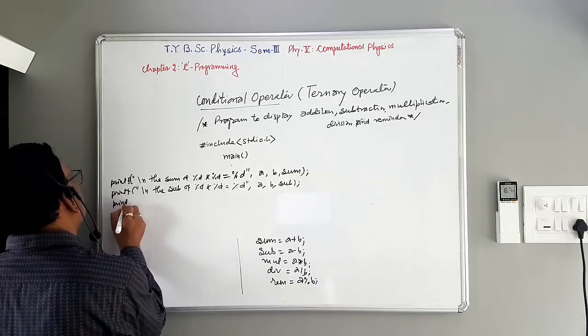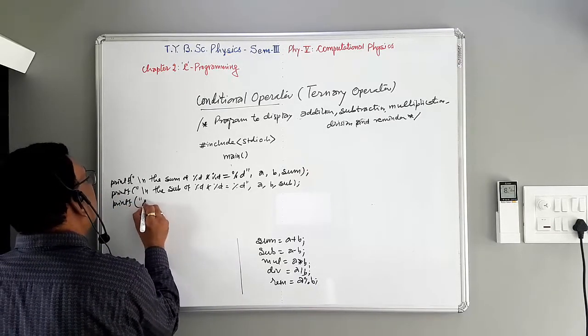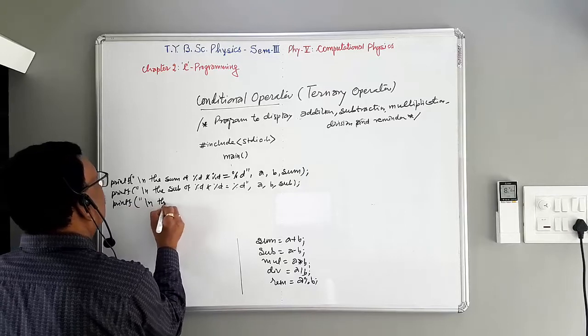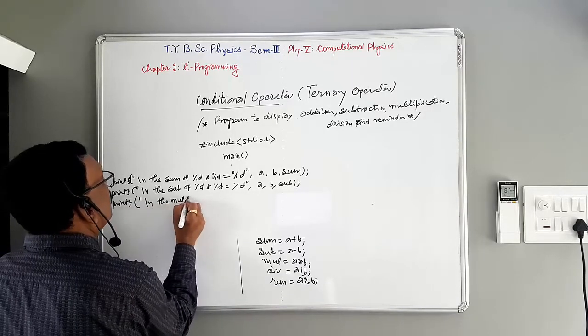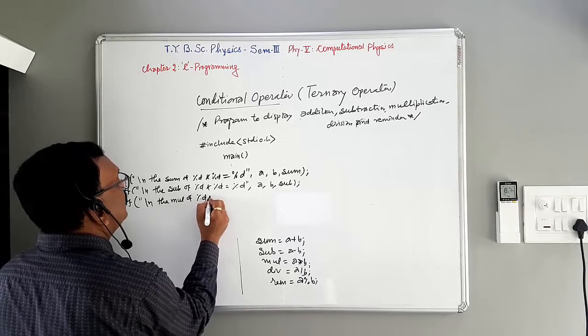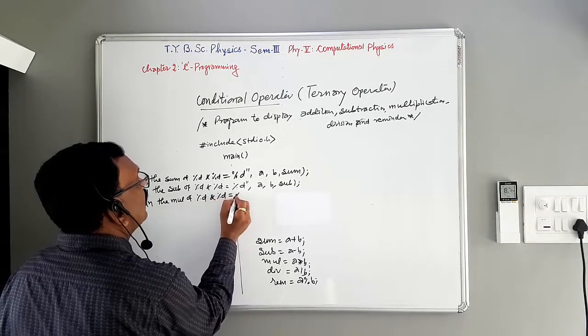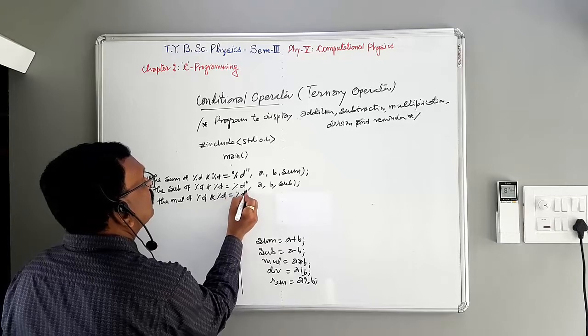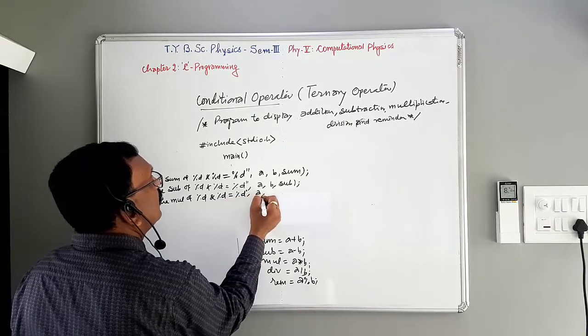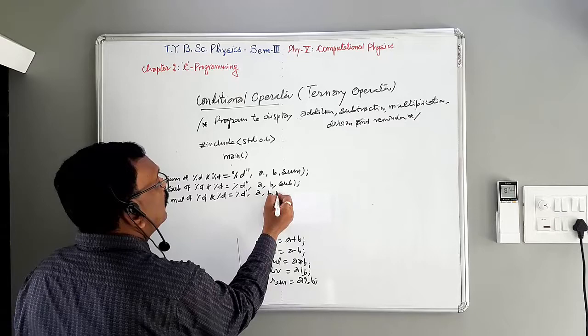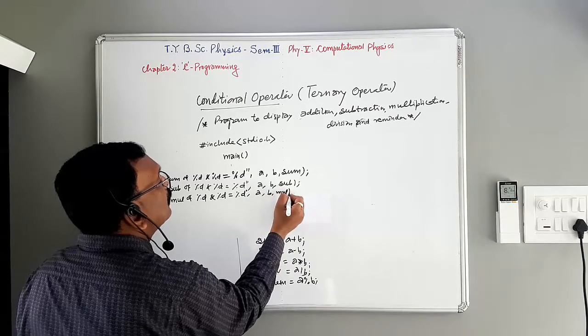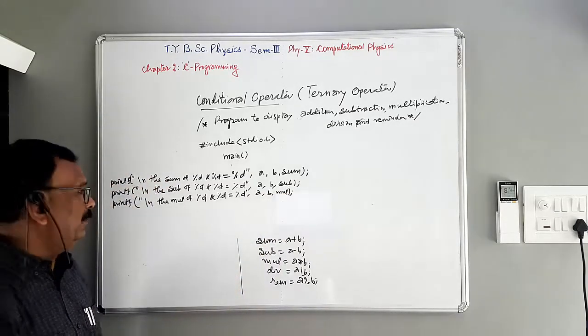Then printf, new line operator, the multiplication of %d, that is the first variable, and the second variable is equal to, the result is also integer type, A, B, and mul is the variable name.